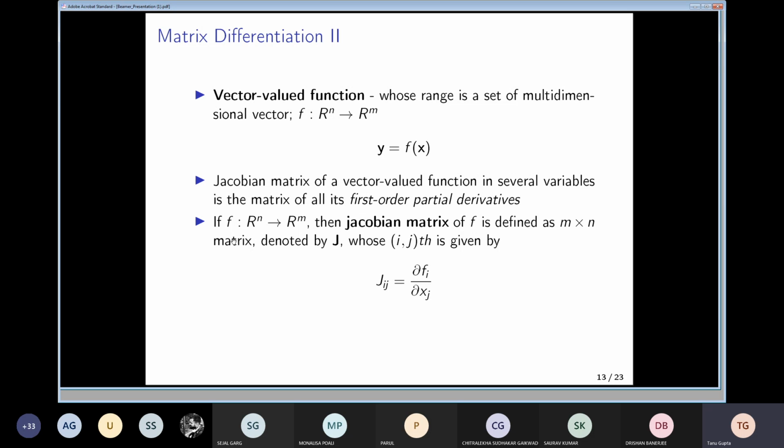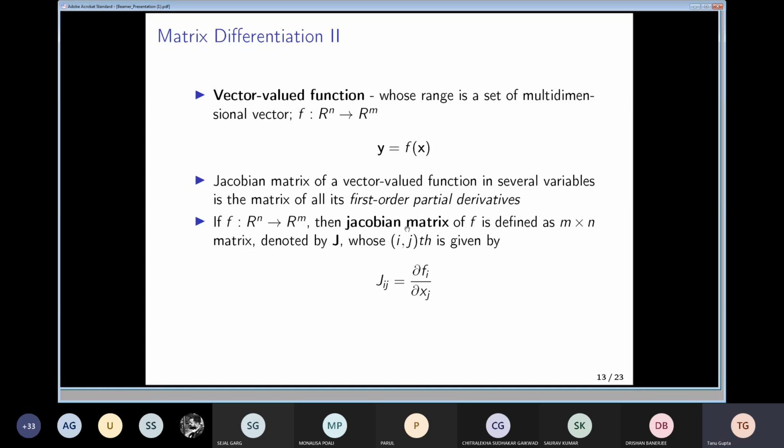Okay, so let's assume a function f goes from Rn to Rm. Then the Jacobian matrix of f is defined as an m cross n matrix. Take note of these dimensions. The function goes from n to m, so x is an n vector and y is an m column vector.